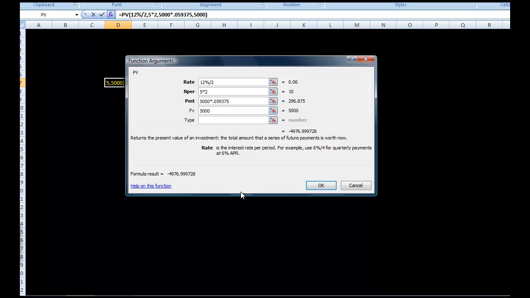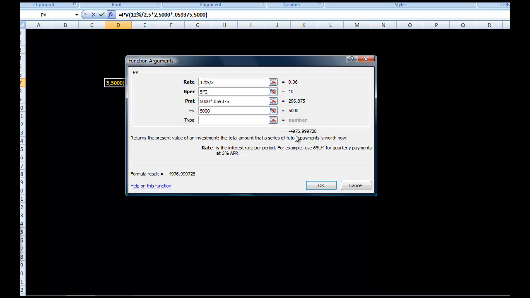It's the market rate. So the market rate's 12%, and we're going to pay it out twice a year, and we still have the 11.875% down here divided by 2 times the $5,000. So this time, notice what we get.